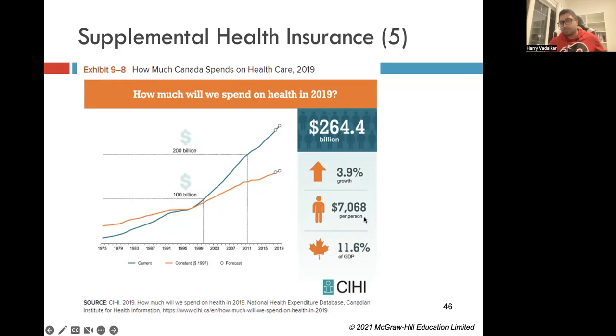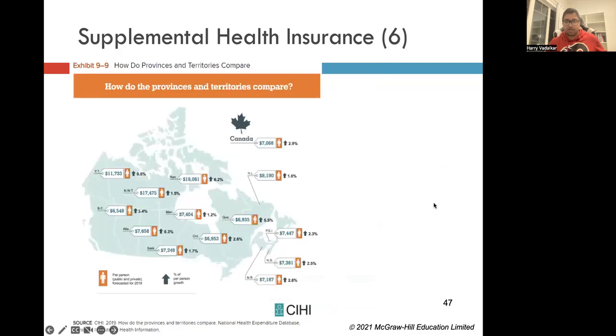That is $7,000 per year per person, and it is 11% of our gross domestic product. After the pandemic, the costs are even higher. So healthcare is very costly in Canada. Province wise, certain provinces have very costly healthcare spending, and certain provinces have lower. Generally, northern provinces spend a lot per person on healthcare.